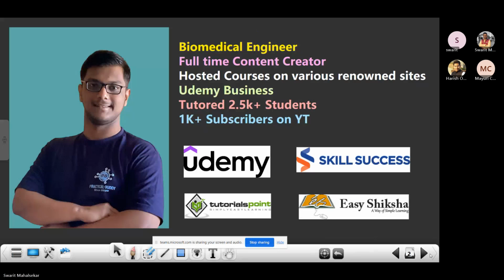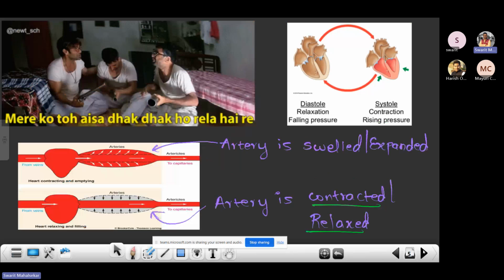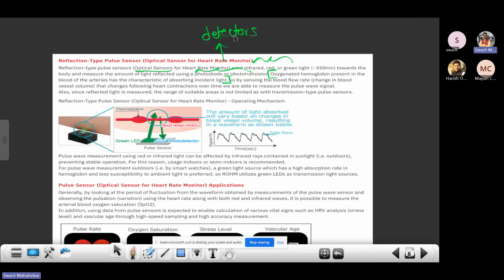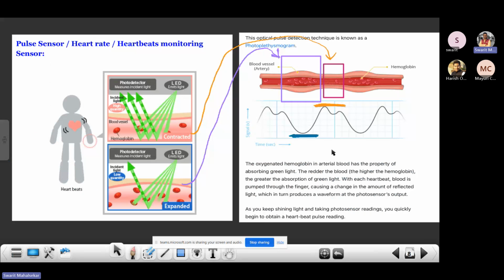Let's see what all we have studied. We learned the block diagram. After that, we saw the sensor which we used. We also saw part of biology over here. Then we saw the working, and we came to know what kind of signal we got, an analog signal.